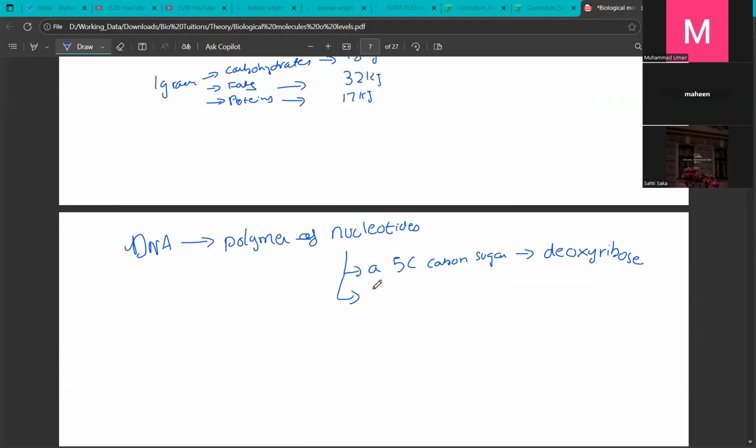It contains a nitrogenous base, a nitrogen group, a nitrogen base, let's call them that, and a phosphate group.